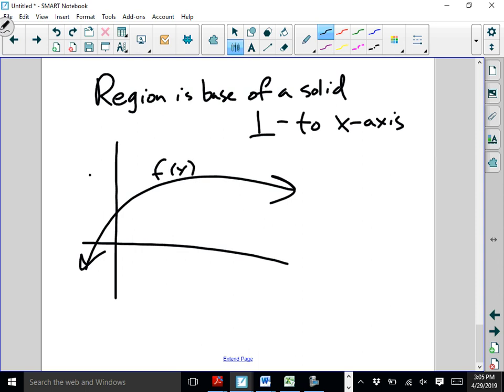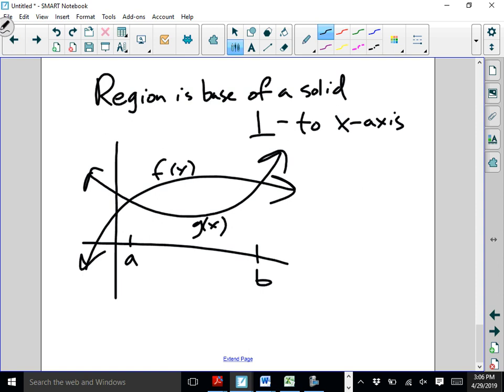Here's g of x. Once again, this is an intersection at a here. This is an intersection at an x value of b here. So to solve these ones perpendicular to the x-axis, we just integrate left to right of the area of the shape that's being created, dx. That will give us the total volume.